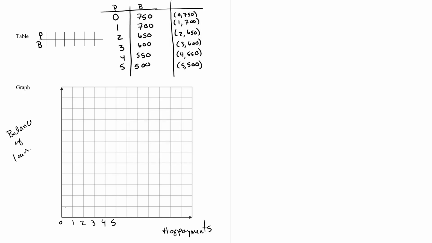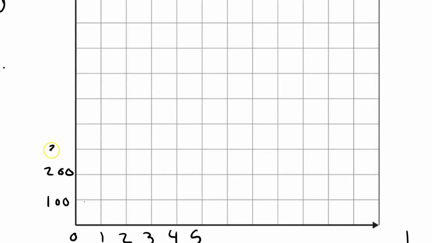So if I go up by 100, I know for certain I'm going to be safe. So 100, 200, 300, 400, 500, 600, 700, and 800.